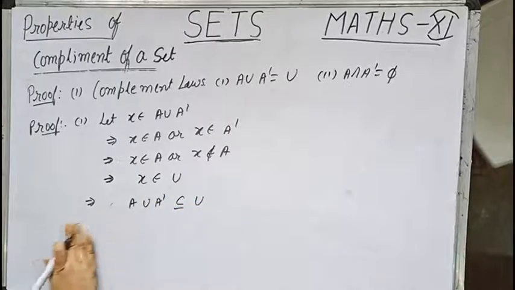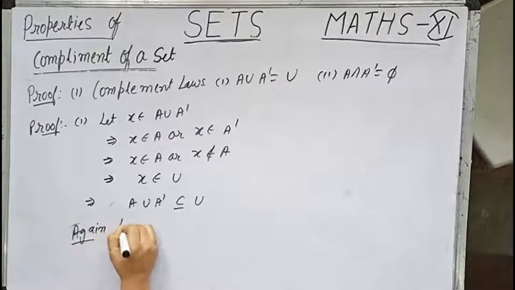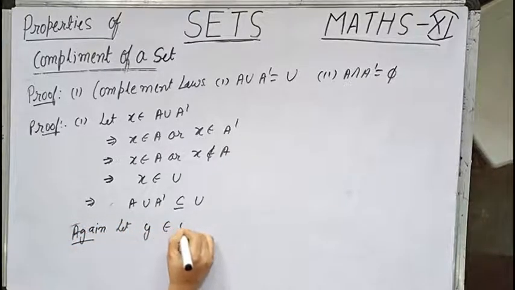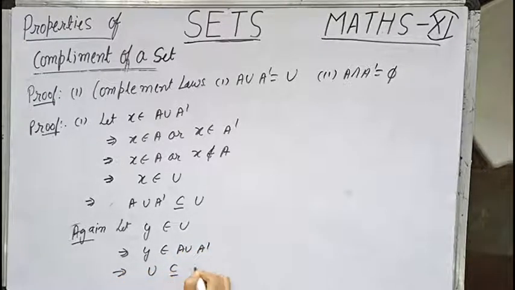Now similarly again, let Y belong to U. This implies Y belongs to A union A complement. This implies U is a subset of A union A complement.